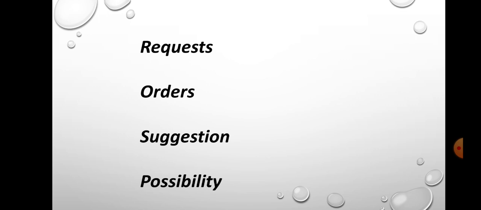Then by using might in statements. He might be punctual now. She might be more cooperative hereafter. Then we can express requests by using the word must. You must send him some money or he loses his seat in medical.